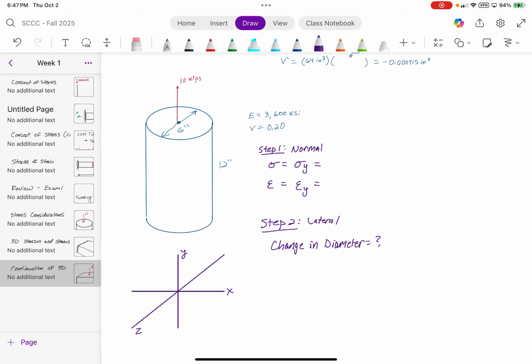You know what? Matter of fact, I'll let you guys work on finding the lateral change in diameter. What is the change in diameter that the cylinder undergoes?